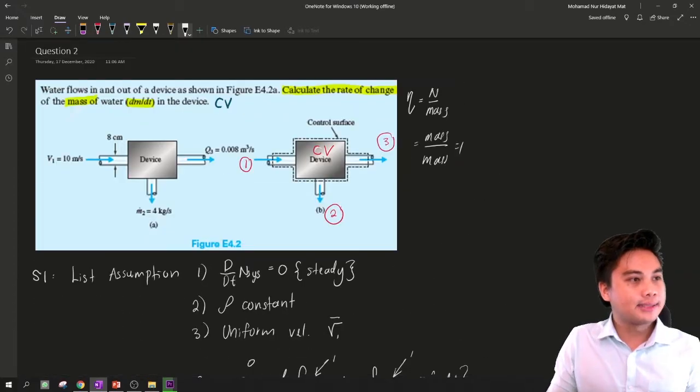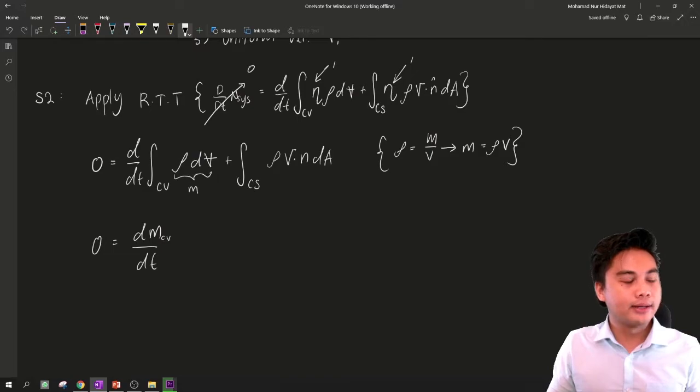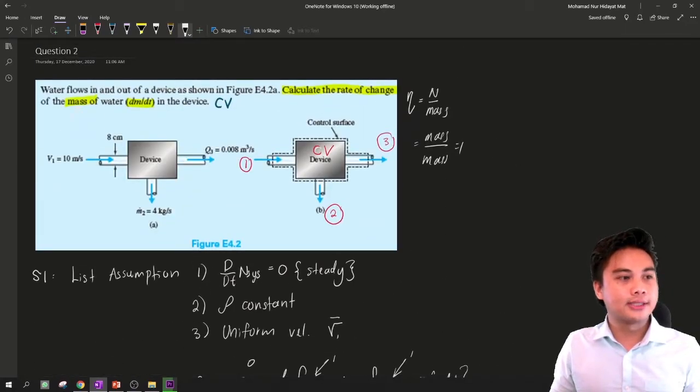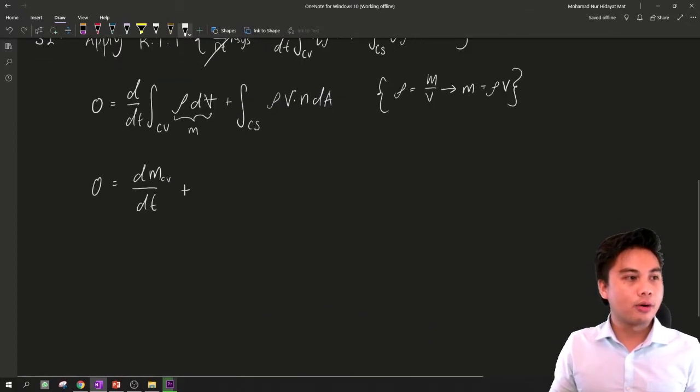Remember the question asks for the mass rate of change in the device, so this is the control volume term. Plus this is the flux. How many surface areas across this control volume? We have 1, 2, and 3, so we have 3 components, and we need to add all the components.